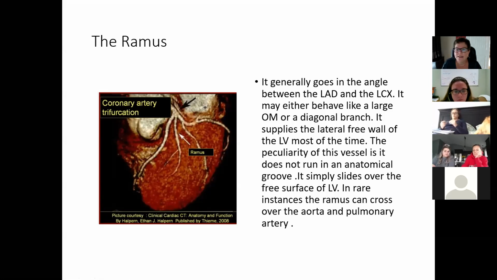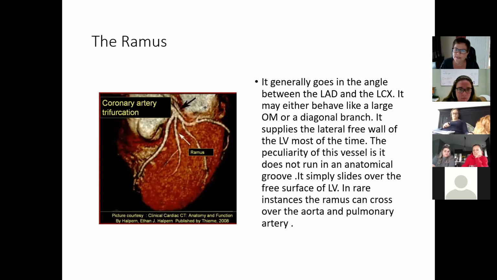But again, this may be an important blood vessel, or it may be unimportant. It depends on how much myocardium it feeds. So it can either behave like a large obtuse marginal, which comes off of the circumflex, or a diagonal branch that comes off of the LAD.